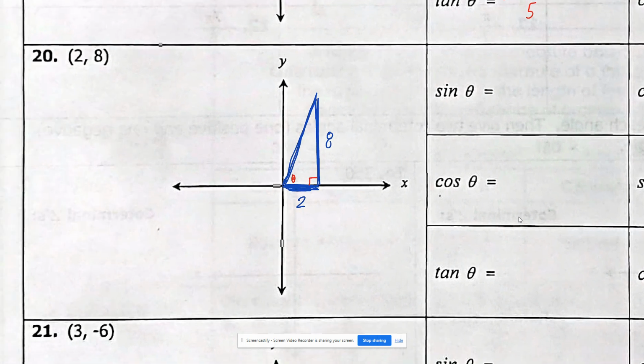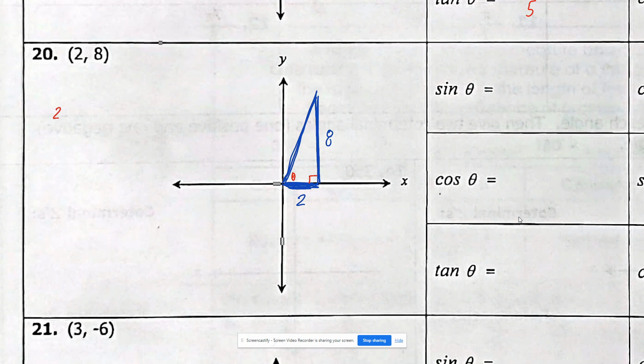Now let's find our hypotenuse. So we're going to do 2 squared plus 8 squared equals my hypotenuse, x, r, whatever you want to call it, c squared. So 2 squared plus 8 squared equals 68. Now I'm going to take the square root of both sides. And yeah, 68 is not a perfect square. But let's see if there's a perfect square that goes into it. If I divide that by 2, it's 34. I'm not going to try a perfect square above 34.